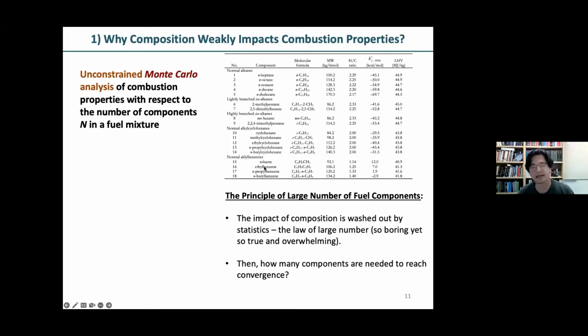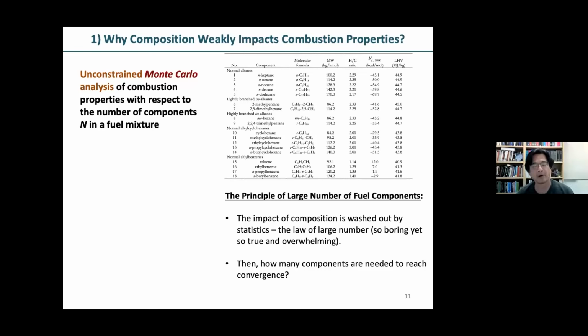This is just like my numerical fuel cabinet. We have reaction models for them individually, and we have run large reaction models for them, and those are their properties, okay? The next thing that I wanted to do is randomly pick those chemicals out of my cabinet and randomly mix them, all right?